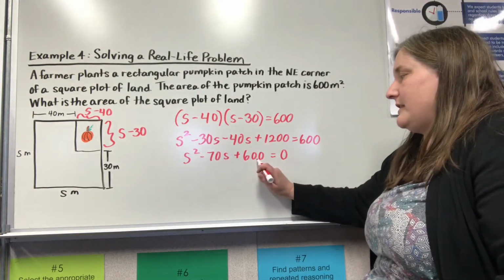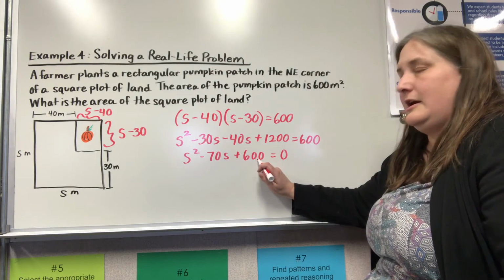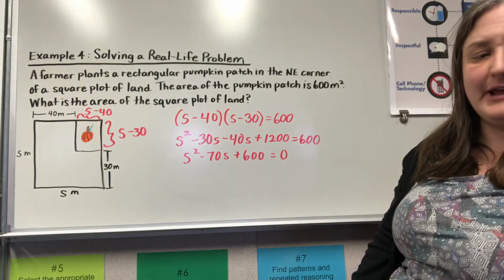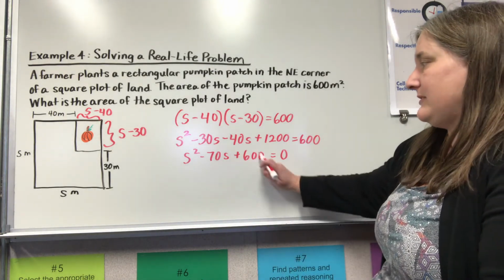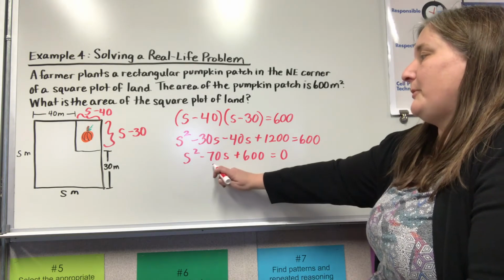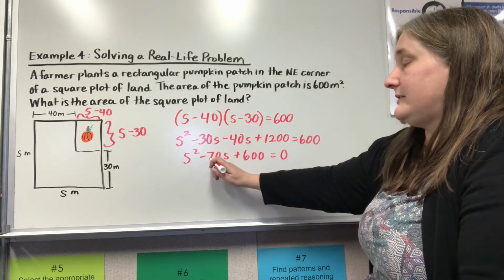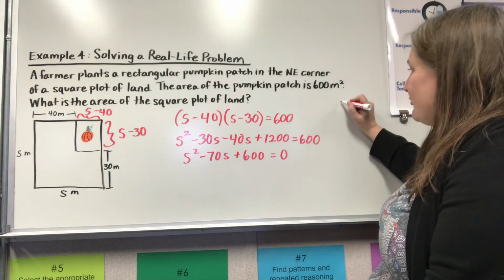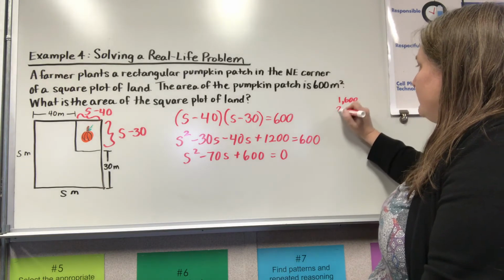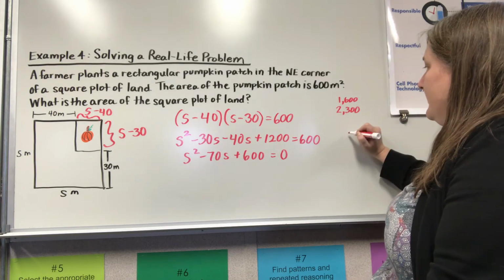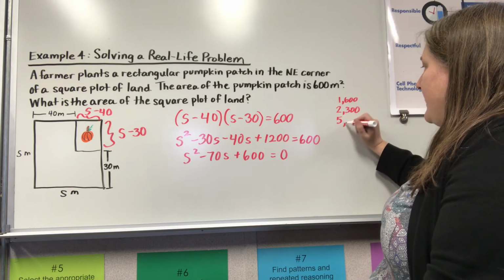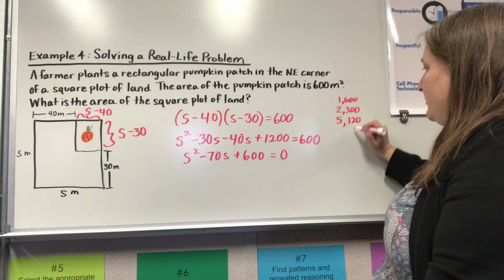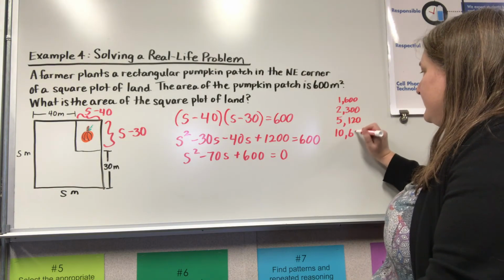I want two things that multiply to give me 600, but when I add them, I get negative 70. So this is telling me that they have the same sign because I'm getting 600, but they're both negative because I'm getting a negative sum. So I automatically think of 1 times 600, 2 times 300, 5 times 120, 10 times 60.